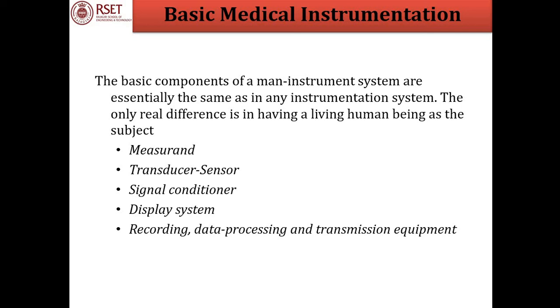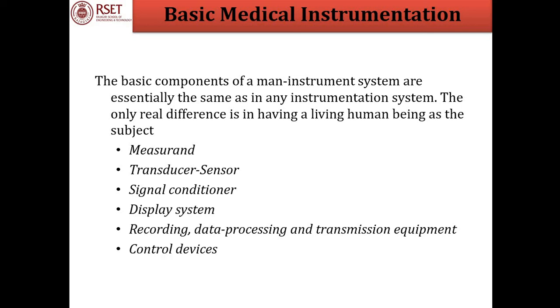So it will be available to view the condition of the acquired parameters in the office of the doctor. So for various reasons, recording, processing and transmission equipment also happens to be a part of the basic component.